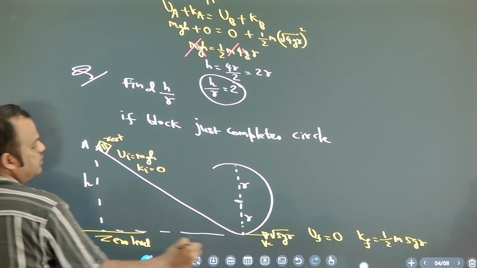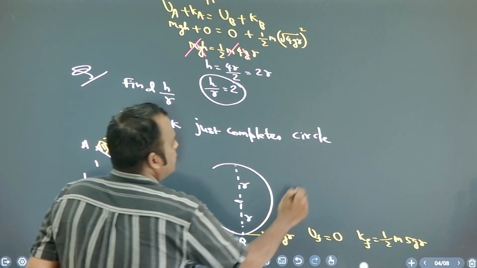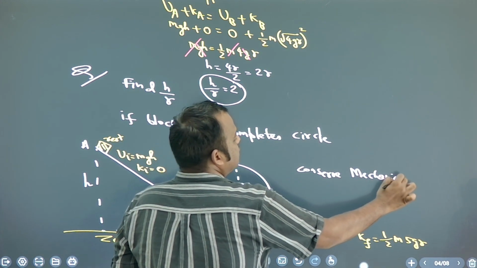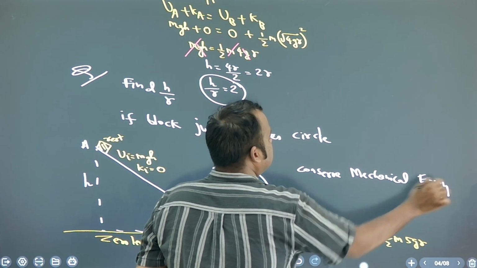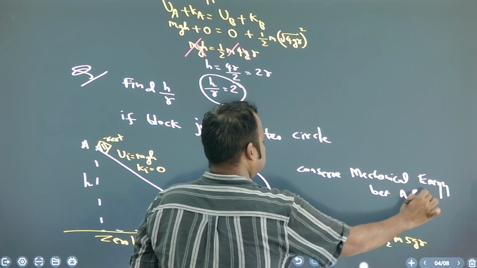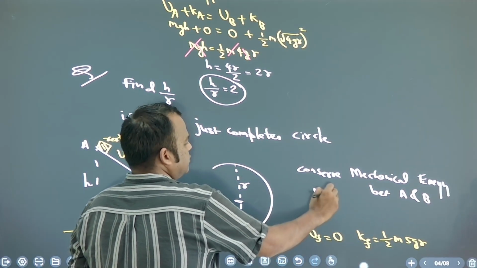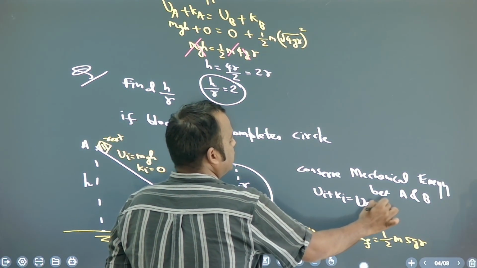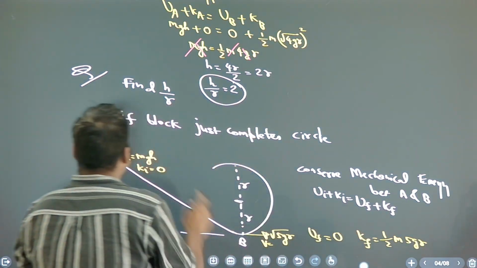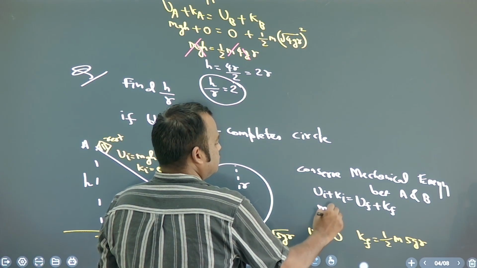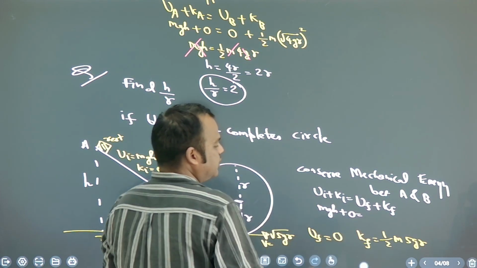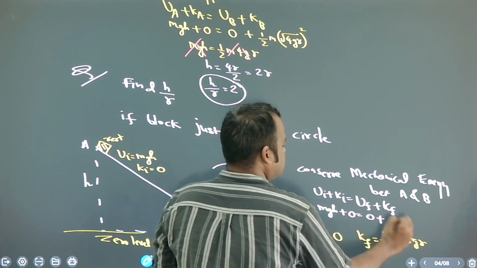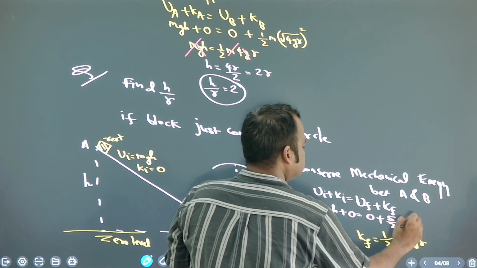This is A, B. So conserve mechanical energy, the sum of kinetic and potential, between A and B. U initial plus K initial is equal to U final plus K final. mgh plus 0 is equal to 0 plus 5 by 2 mgr.